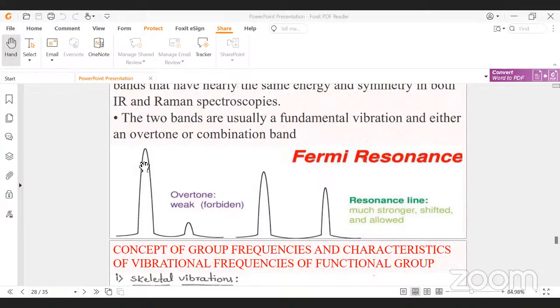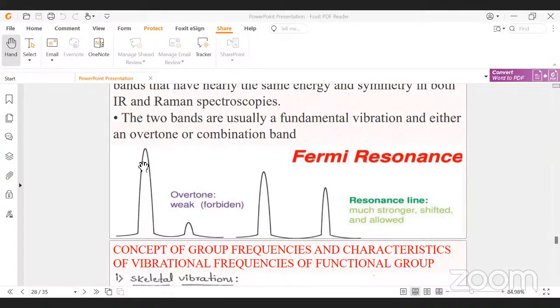The combination of the fundamental band and the overtone band will give two bands of different intensities. Here the fundamental band intensity has decreased, and here the overtone band intensity has increased. This type of interaction we call Fermi resonance: the fundamental band intensity decreases and the overtone band intensity increases.